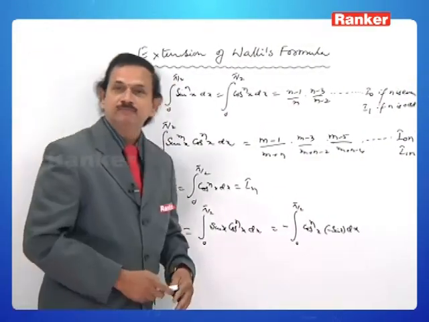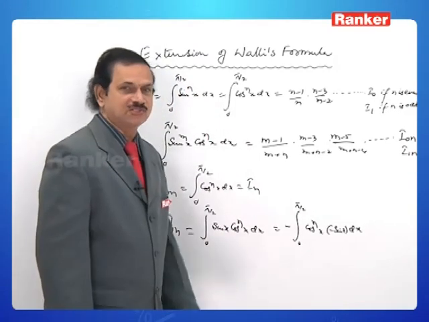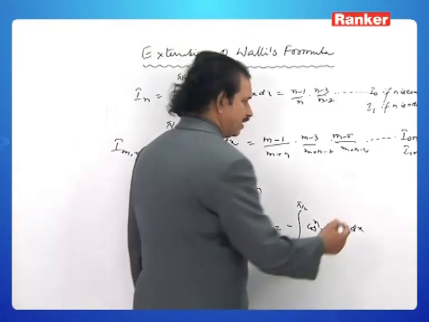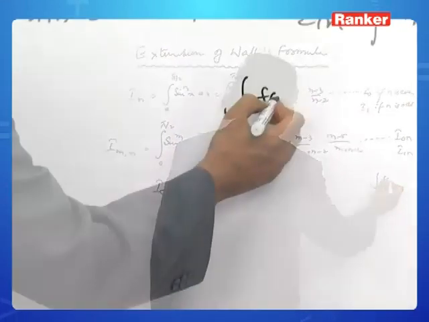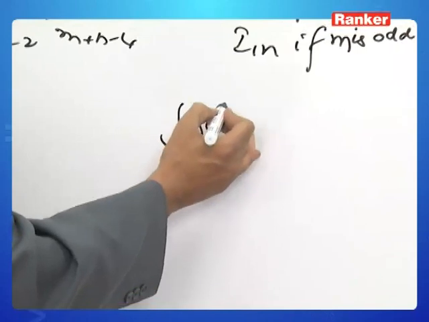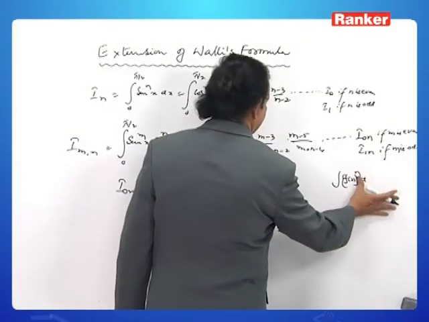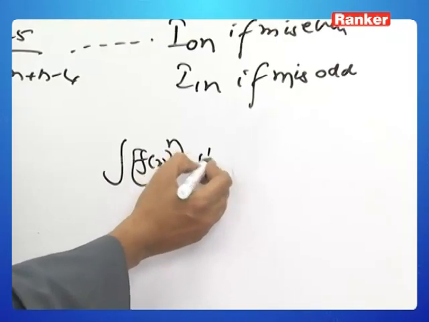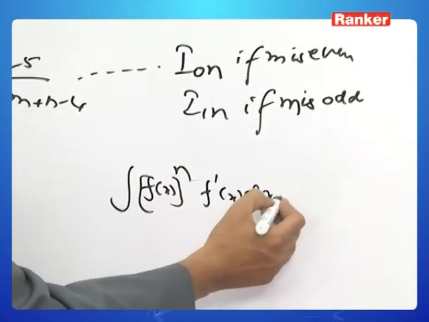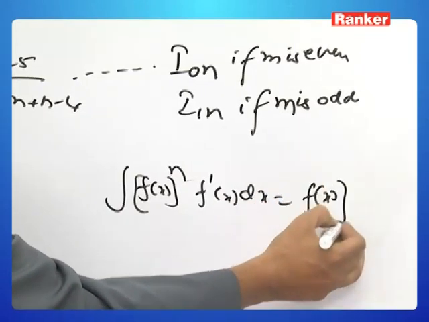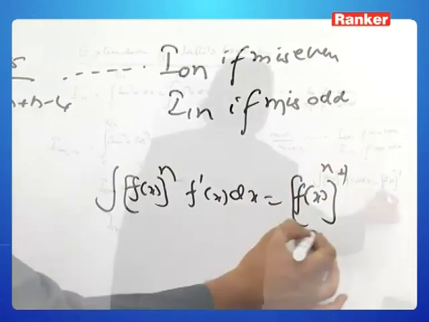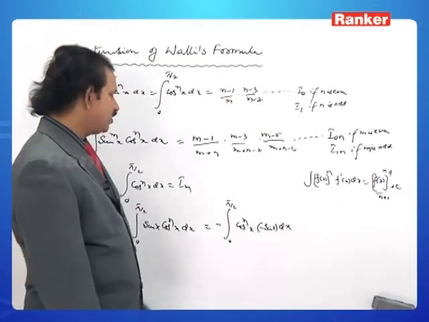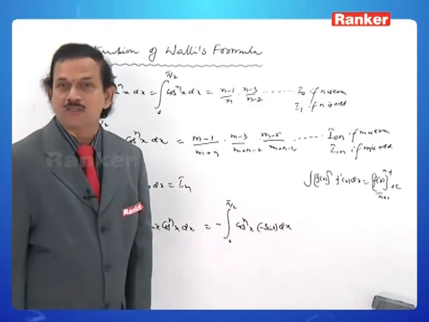Well, my dear, in the earlier classes of indefinite integration, we could have learned a formula. What is that formula? Integral of (f(x))^n f'(x) dx is equal to (f(x))^(n plus 1) by (n plus 1). Am I correct? Here, what do you observe in the place of f(x)? Cos x.